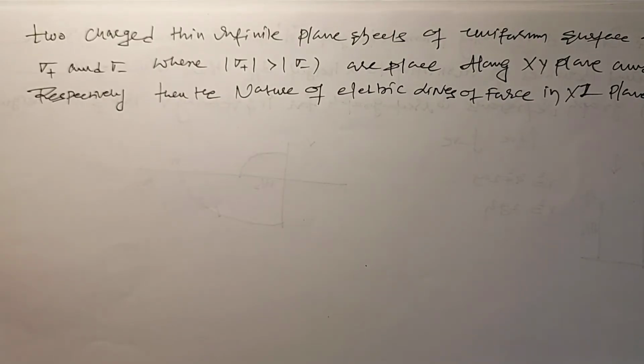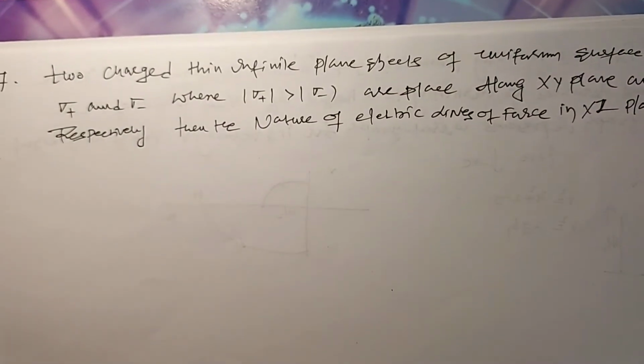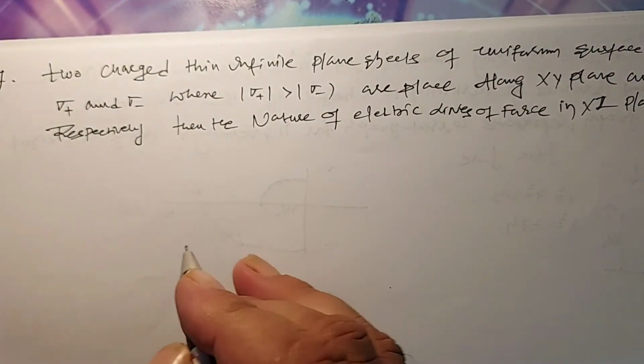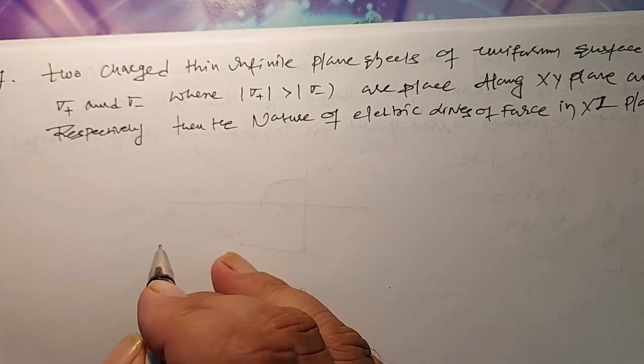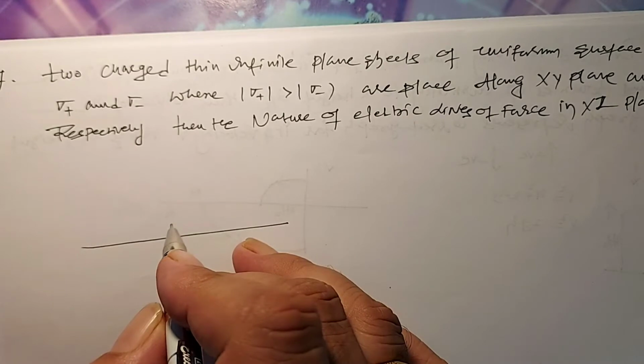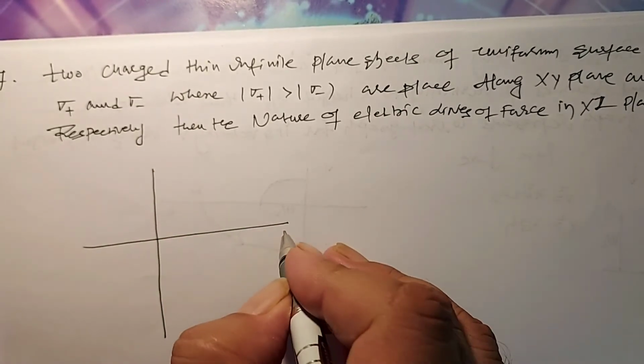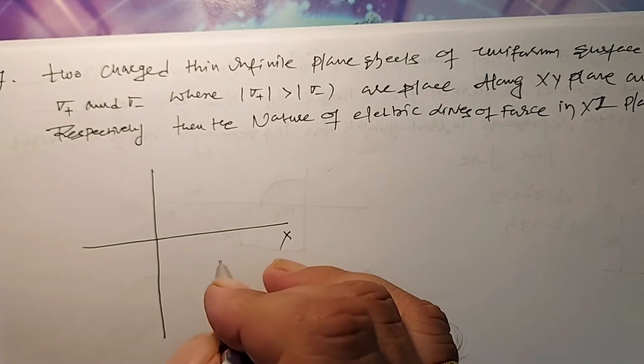Right. Here, infinite plane sheets of uniform surface charge density are placed along the xy plane and yz plane.